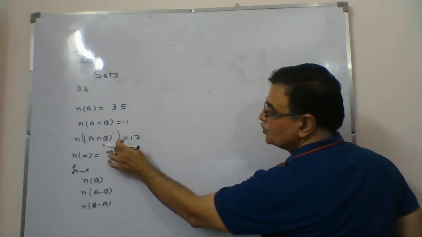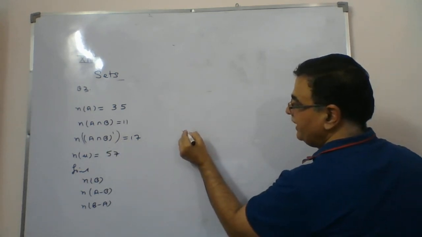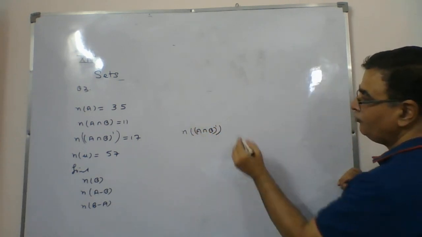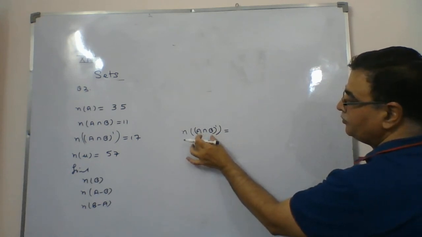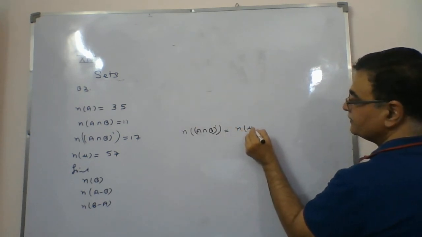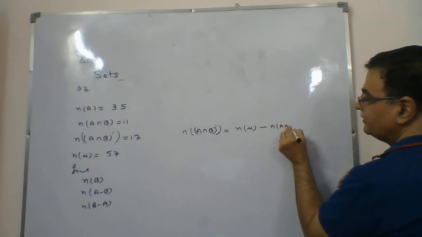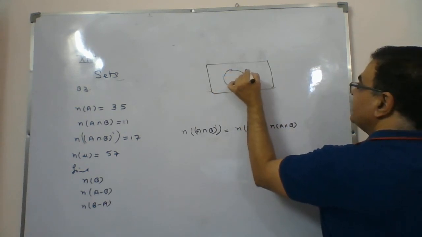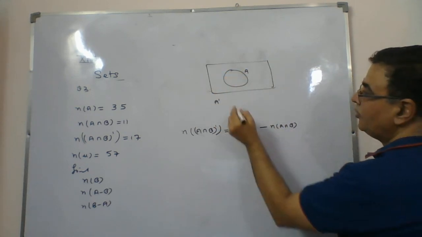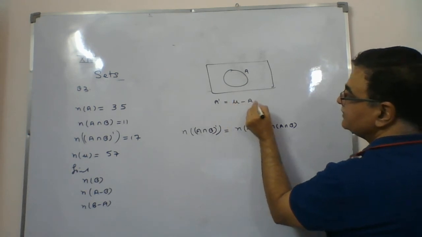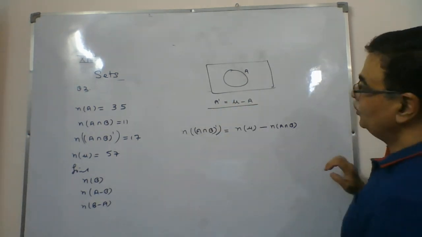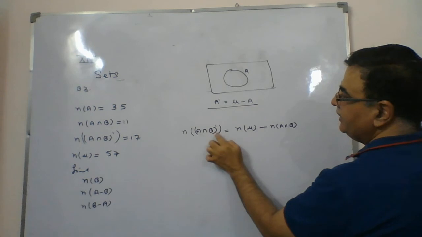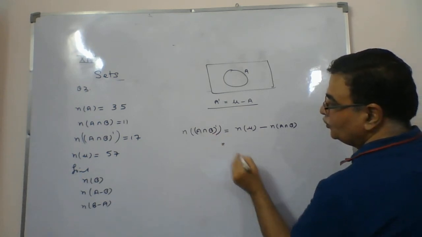So first thing, we should solve this. What this says, n((A intersection B) whole complement) means it should be universal minus n(A intersection B). You have done this. If this is A and we are considering A complement, what is A complement? We should have universal minus the set A. So universal total minus A intersection B, that will be the complement.